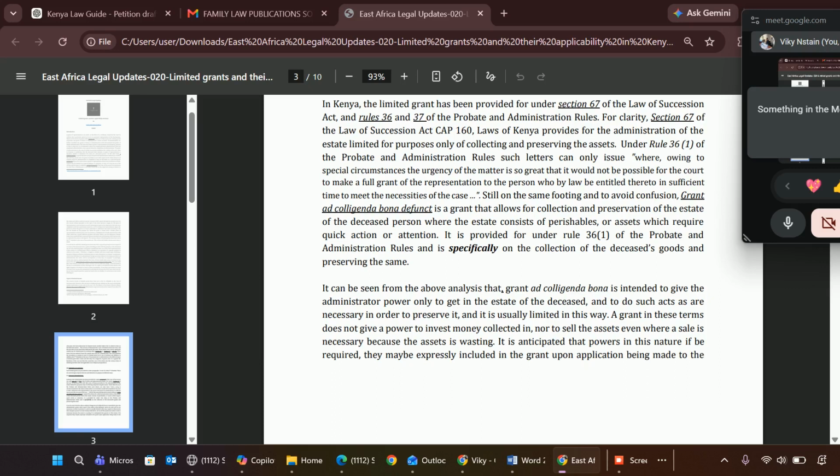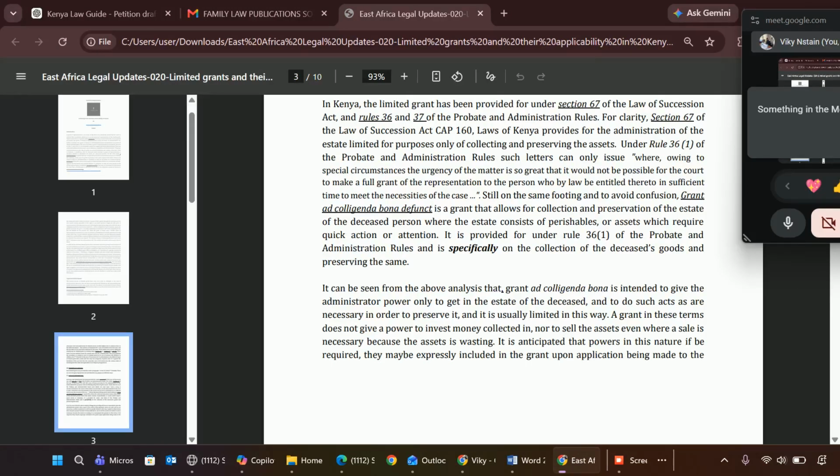Therefore, it could be seen that grant ad colligenda bona is intended to give the administrator power only to get into the estate of the deceased and to do such acts as are necessary in order to preserve it, and it is usually limited in this way. Okay.